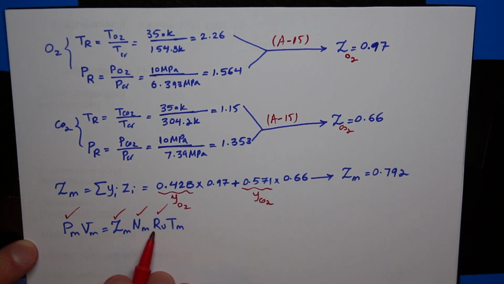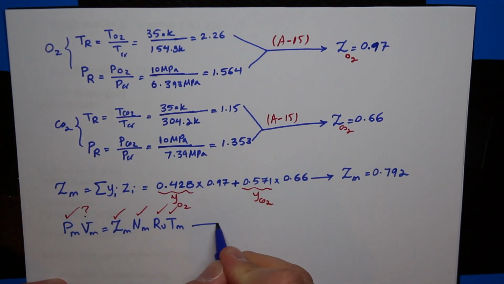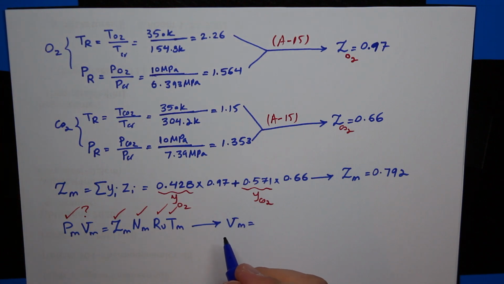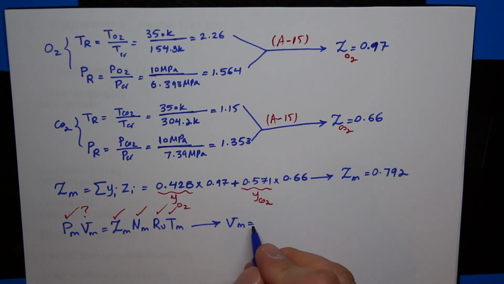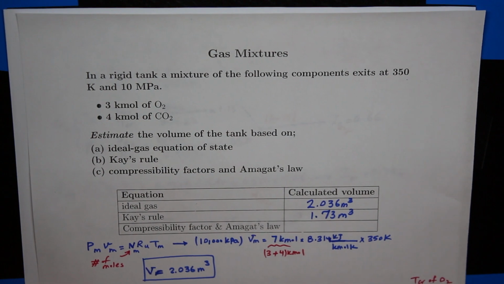Ru is 8.314 kilojoule per kilomole Kelvin. And Tm is the temperature of the mixture. So I have all properties except Vm. If you put the numbers in, you will obtain Vm equal to 1.612 meter cube.